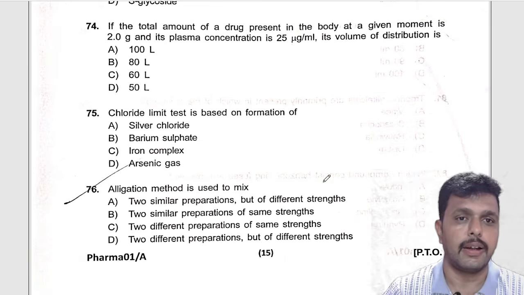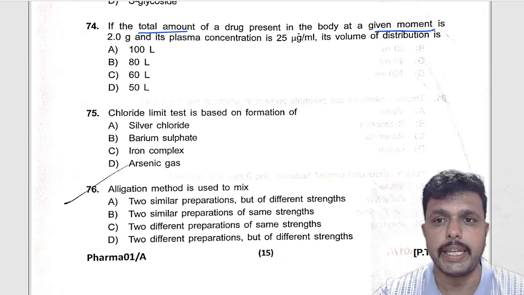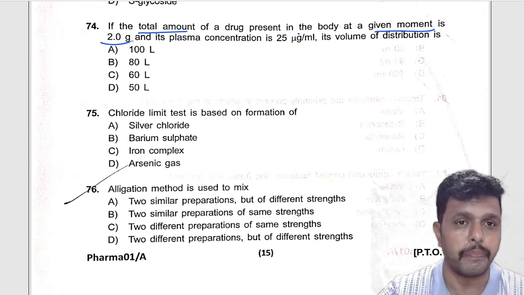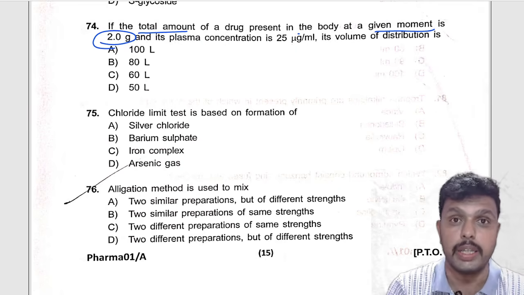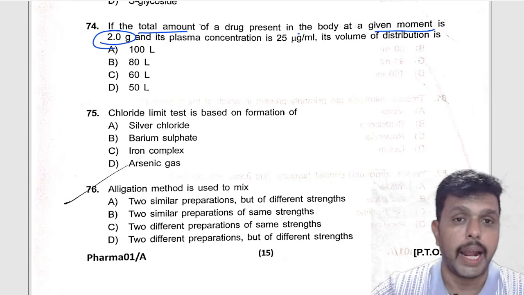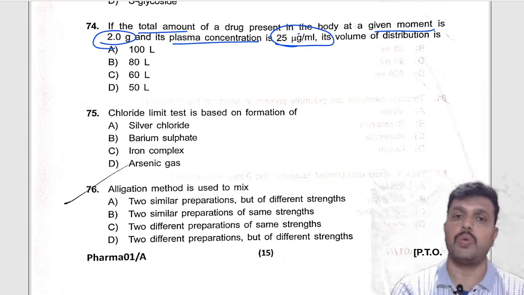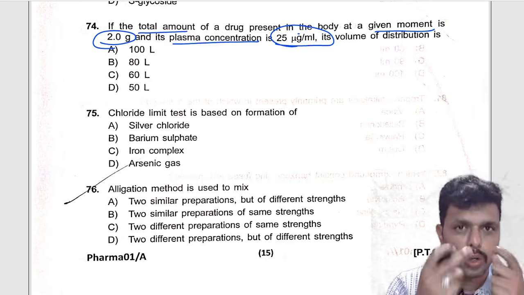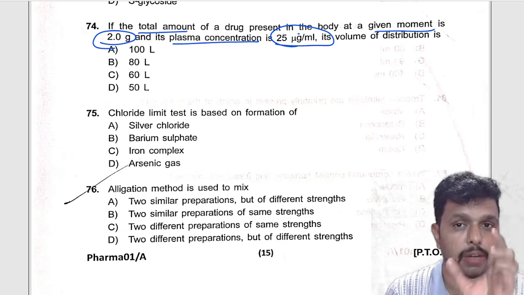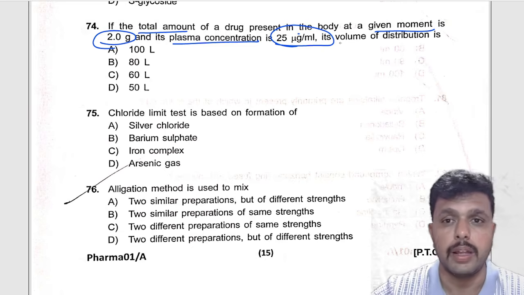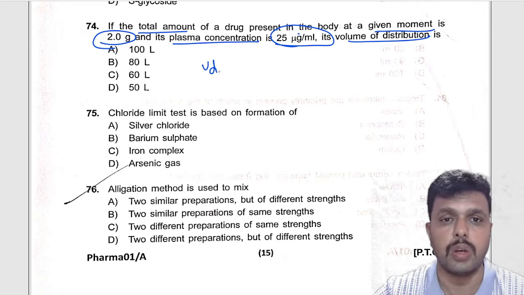Next, 74. If the total amount of drug present in the body at a given moment is 2 gram, and its plasma concentration is 25 microgram per ml, its volume of distribution is? What is the formula for volume of distribution?